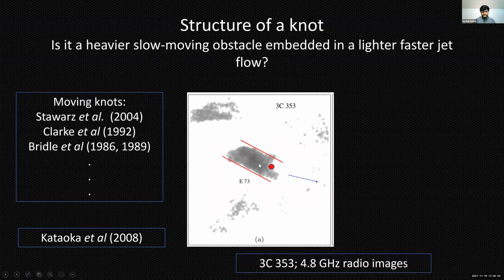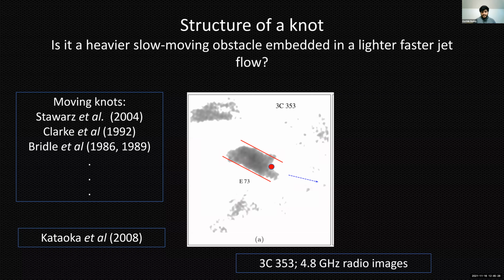It's the radio image, and this red circle indicates the location of the X-ray emission. So what they suggested was that there is a faster and lighter outer flow that collides with the upstream end of this blob to produce a reverse shock, and then that reverse shock could produce X-rays, and the radio emission would coincide with this blob.